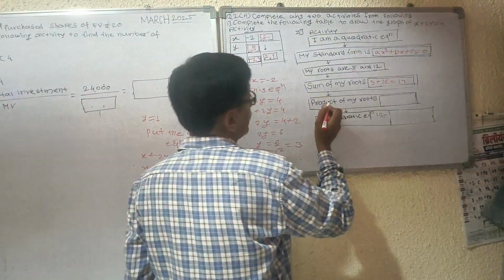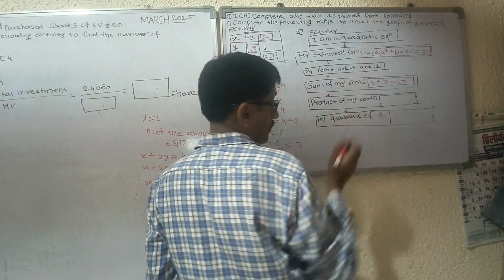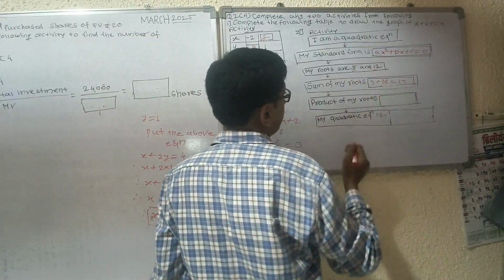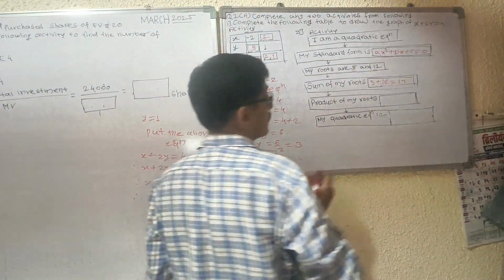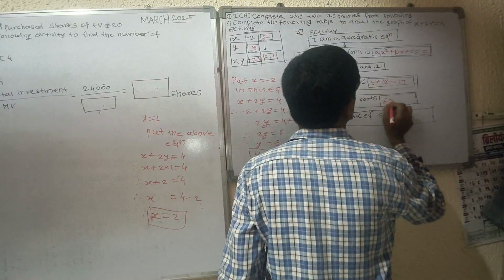Very easy. Product of my roots: what are the roots? 5 and 12. 5 into 12, the multiplication, is 60.